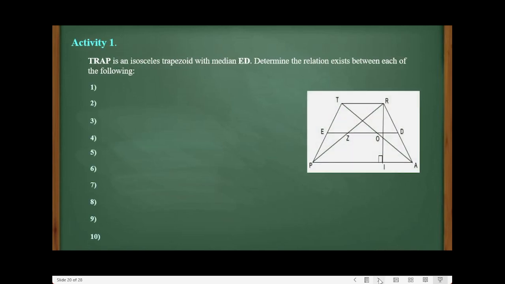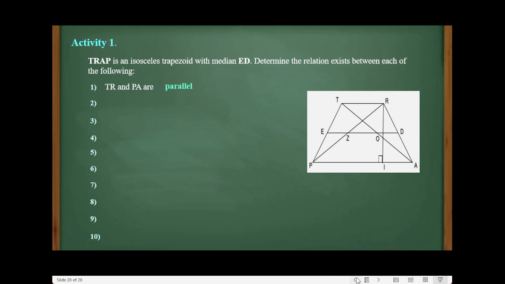Now at this point, let us consider this activity. And I'll be giving you 5 to 10 minutes to answer this seat work. Okay? Or better yet, let us answer this right away.